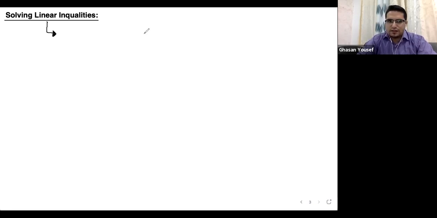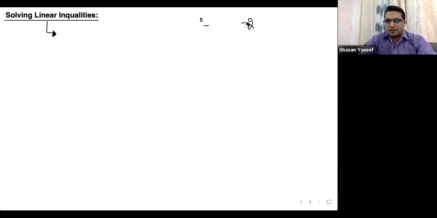Like I said before, a constant is actually, for example, 2x to the power 0. It is also linear, because the constant in general is linear, because x to the power 0 is 1, so 2 times 1 equals 2.